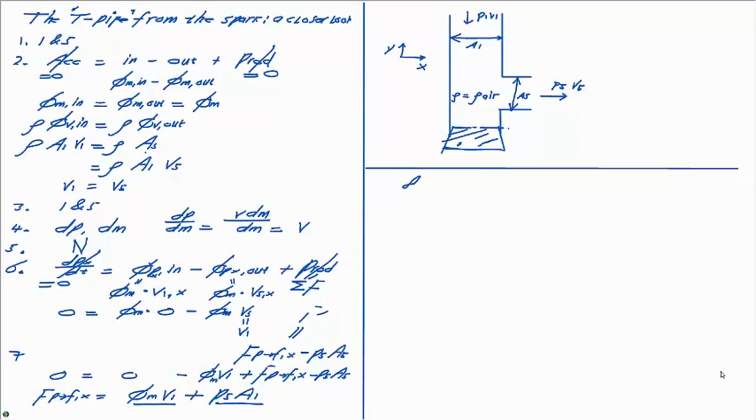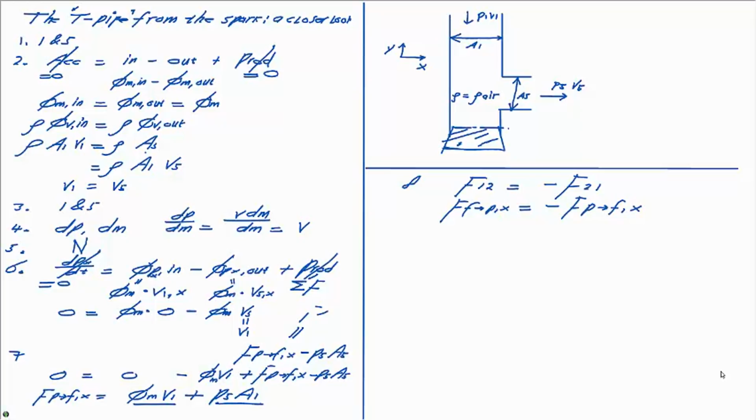Question 8. Recall Newton's third law. The force of 1 on 2 is equal to minus the force 2 on 1. So in this case, the force F on P in x is equal to minus the force that the pipe exerts on the fluid in the x direction.